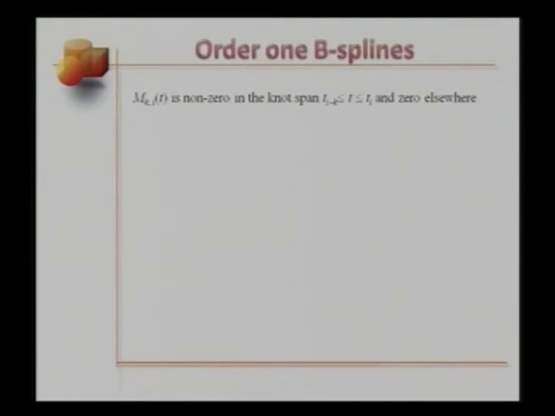Let's use this observation that M k I of t is non-zero in the knot span t I minus k to t I and is 0 elsewhere. The order 1 basis spline will be following the same observation. So, M1 I is non-zero only in one knot span, which is t I minus 1 to t I, and M1 I is 0 for all the other values of t.